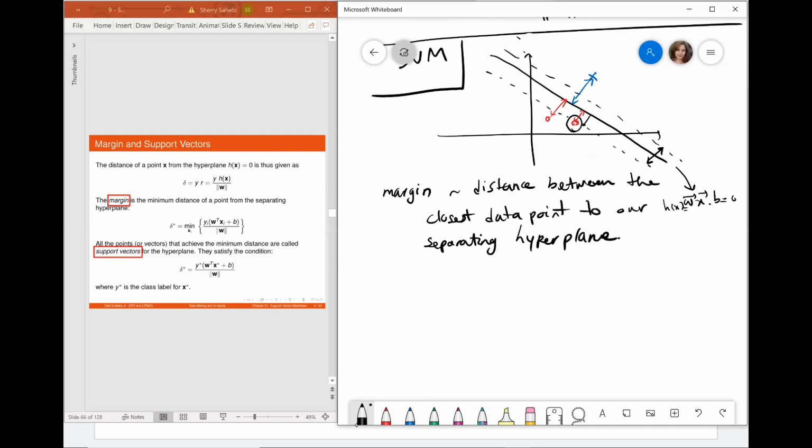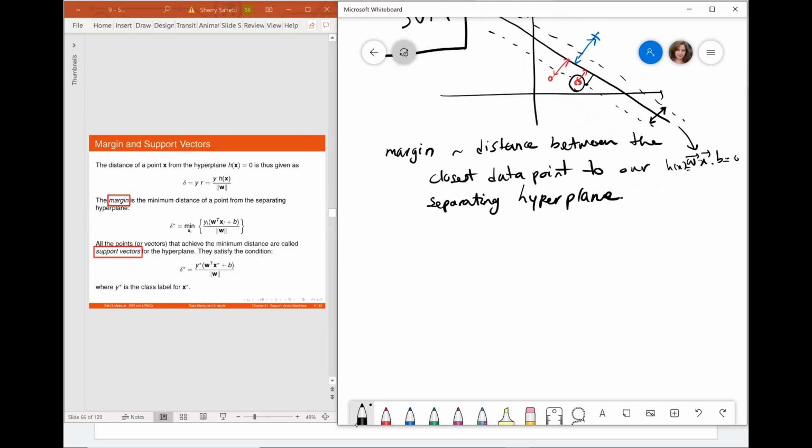That is going to be my margin, because that relates to the closest data point to that hyperplane, right? So our margin, we're calling it delta star, is the minimum over all xi's in my data of yi h of xi divided by norm of w.